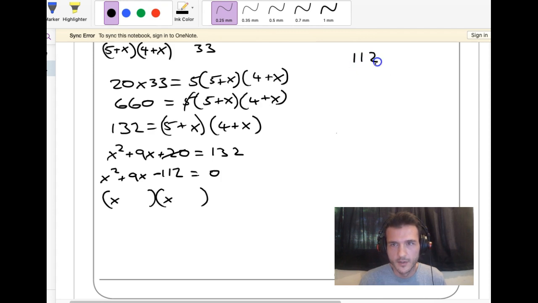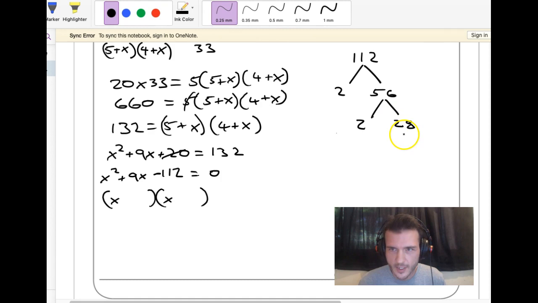So if we do 112, first off, we'll just do 2 times 56. 56 can be broken down into 2 times 28. 28 can be broken down into 2 times 14. And 14 can be broken down into 2 times 7.